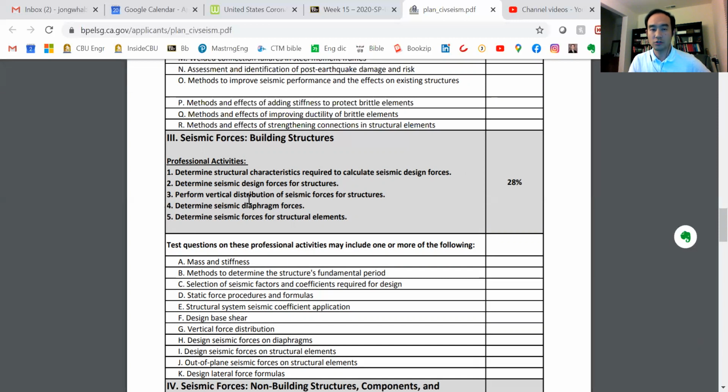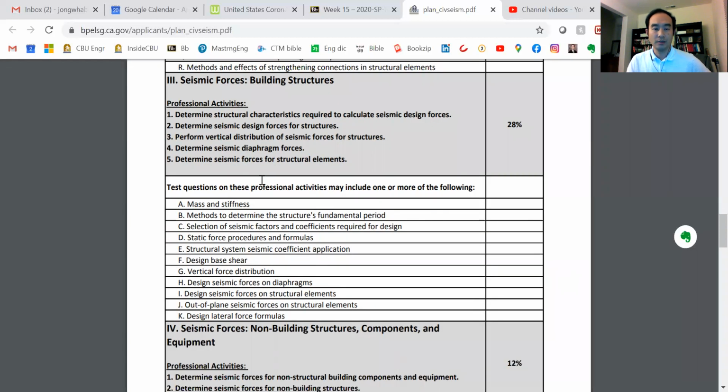Perform vertical distribution of seismic forces for structures. Determine seismic diaphragm forces. Determine seismic force for structural elements. Okay, design base shear, the vertical force distribution, right? The selection of the seismic factors and coefficients for the required design, methods to determine the structure's fundamental period, static force procedures and formulas. So these are all topics we already went through.